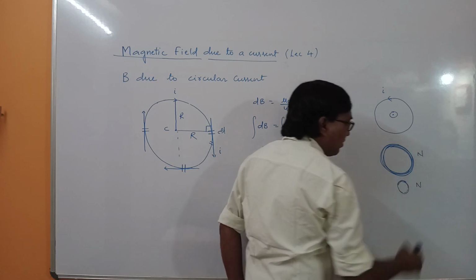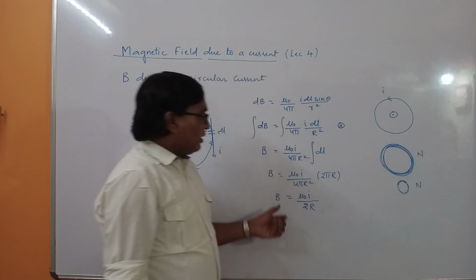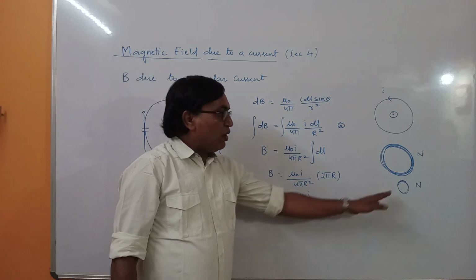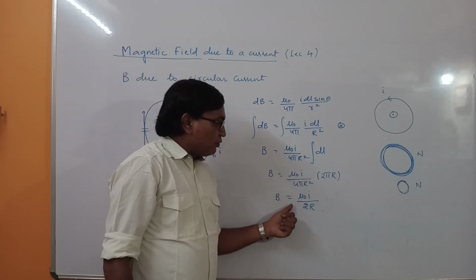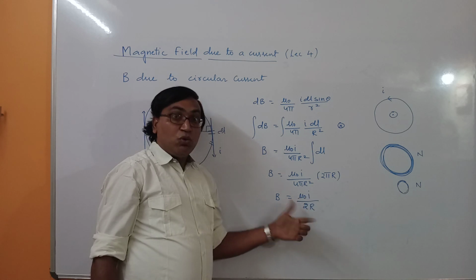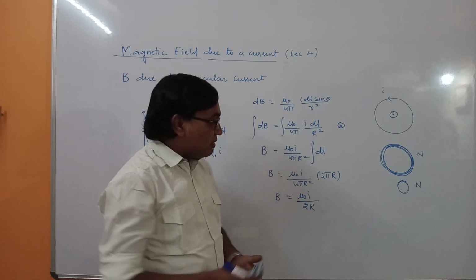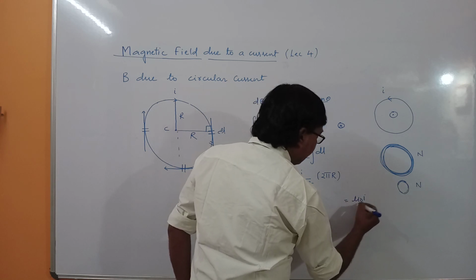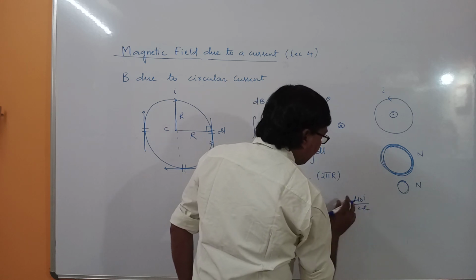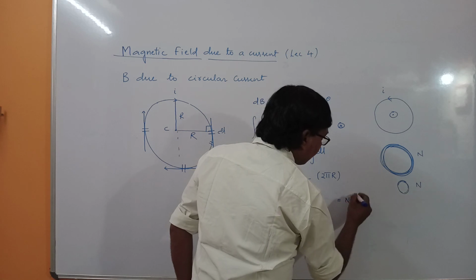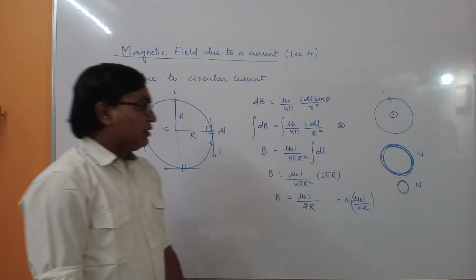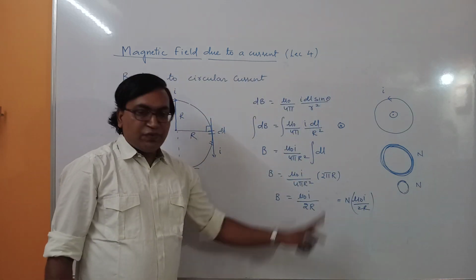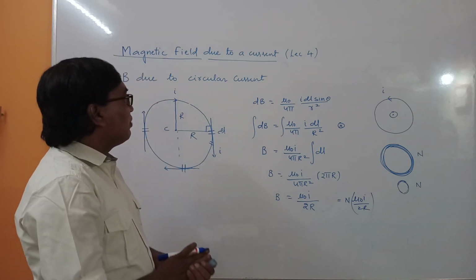So there are n number of turns. Then the magnetic field will be due to all the turns. Magnetic field due to one turn will be mu naught I by 2r. Then for n number of turns, the magnetic field will be mu naught I by 2r into n. In this way you can find the magnetic field due to a circular current.